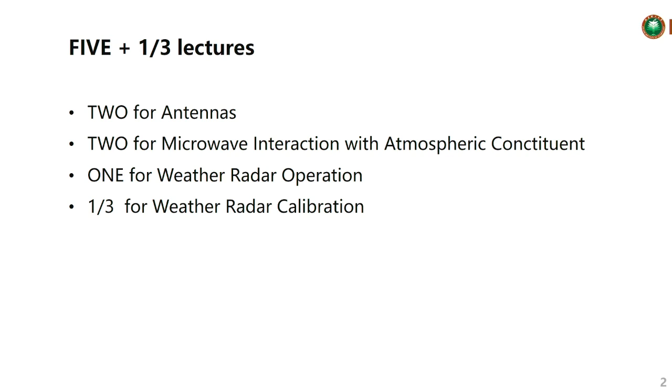One lecture is for the weather radar operation, the operational mechanisms. And the last 1/3 is for the weather radar calibration. Collaboration is very important. As you know, we have collaborations with the meteorological community of China, and we have a collaborative lab with them also.